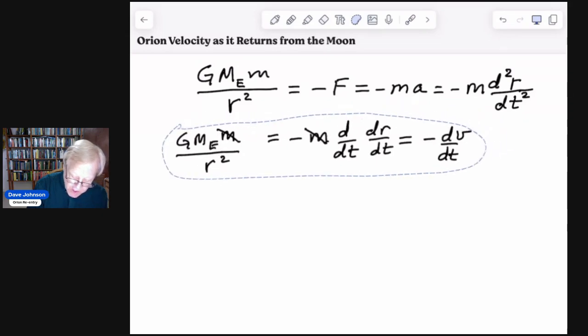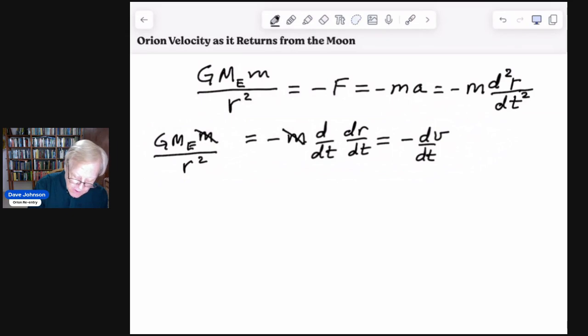If we use the chain rule, negative dv dt is the same as negative, we want the derivative with respect to r. And so we can do that. We can say dv dt is the same as dv dr times dr dt.